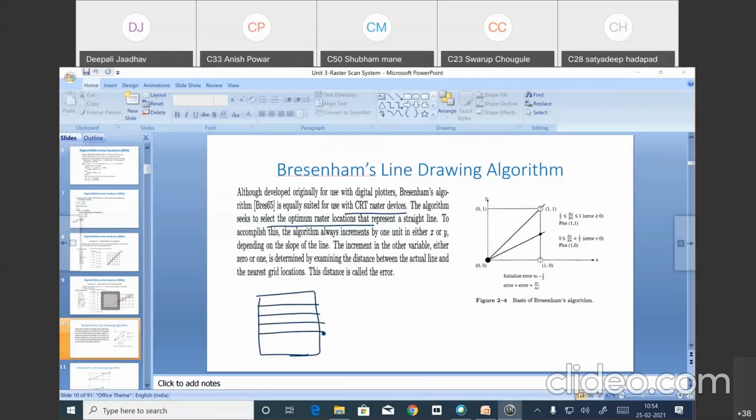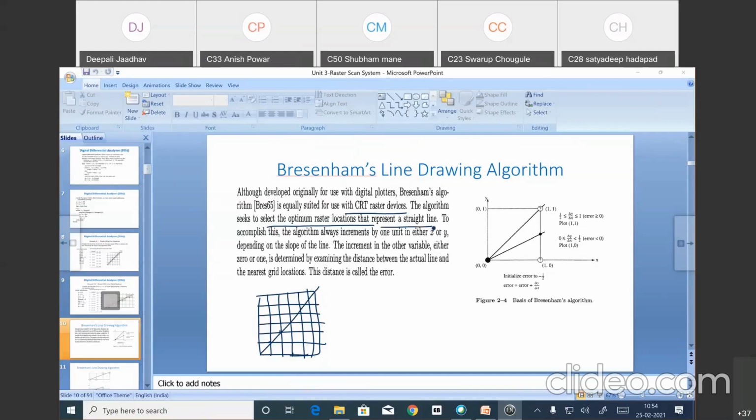The goal of the algorithm is to select the pixels in a way that generates the straight line. Optimal location, because every time it is not possible to find the perfect location. So the word optimal is used there.